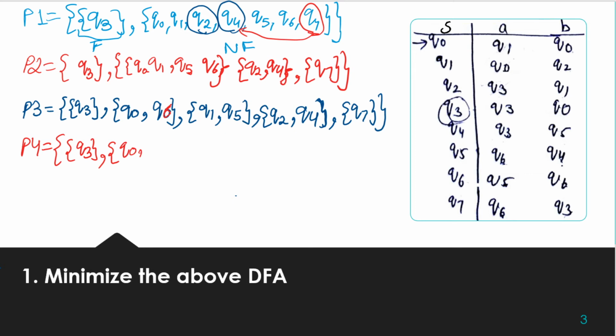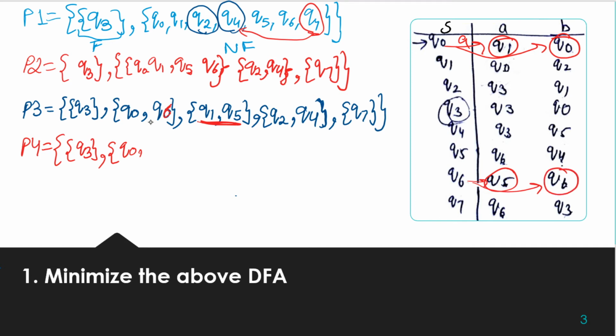Now checking the compatibility of Q0 and Q6 in partition 4. From Q0 we get Q1, and from Q6 we have Q5. Q1 and Q5 are part of the same group in partition 3, the previous partition, so they are compatible for input symbol A. Now check for input symbol B. We are moving to Q0 and we are moving to Q6.